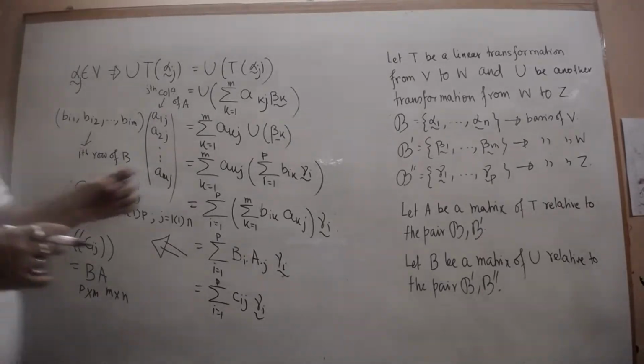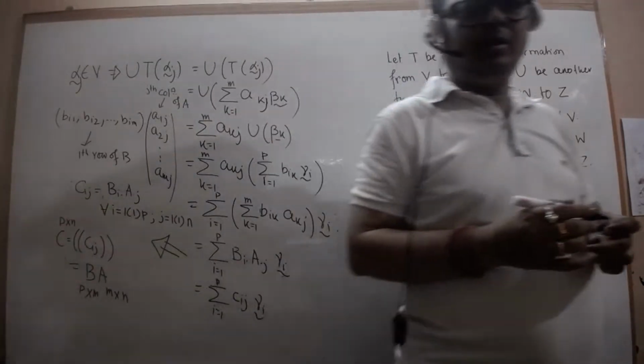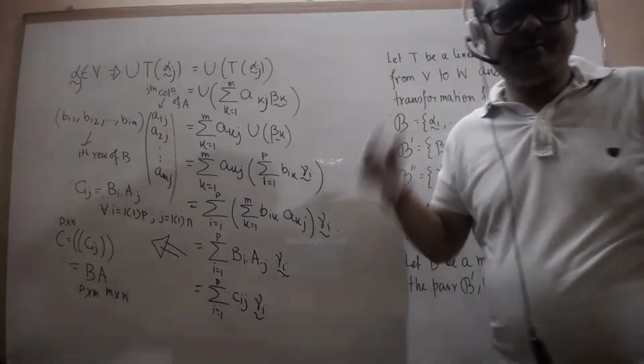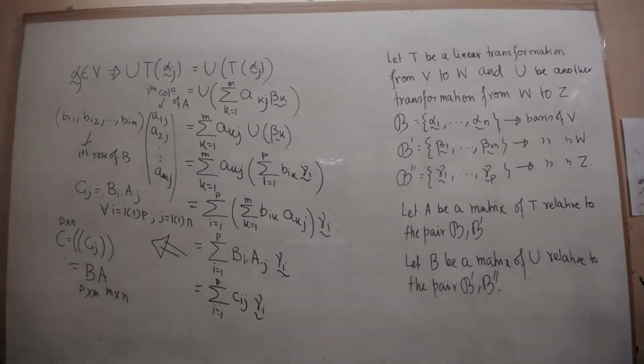So this gives the product of two matrices. Okay. Please tell me if you have a doubt regarding this derivation. I will explain again.